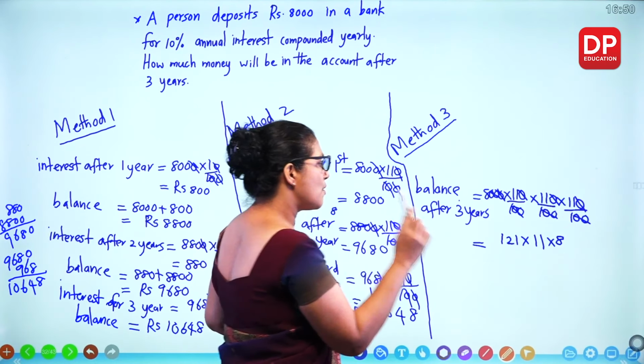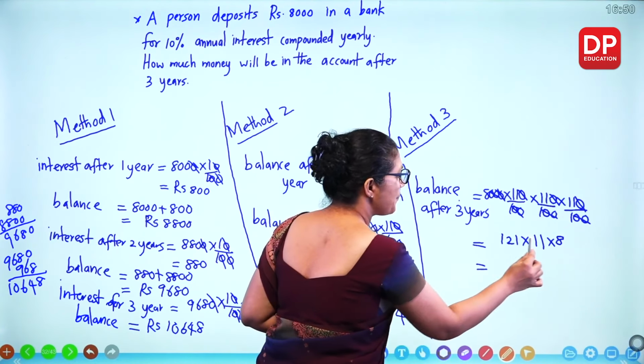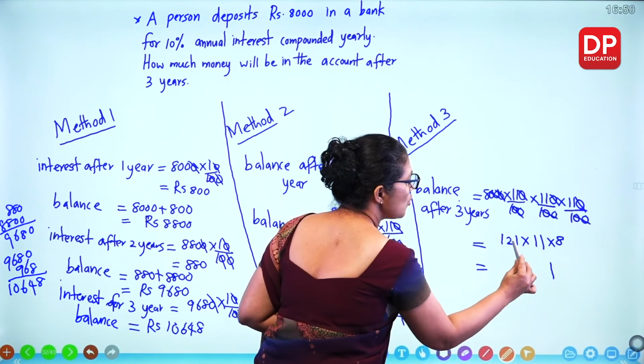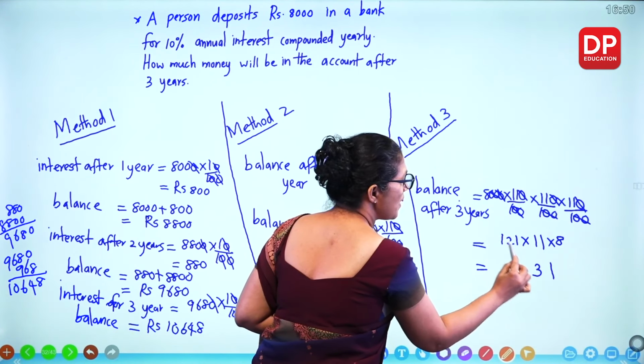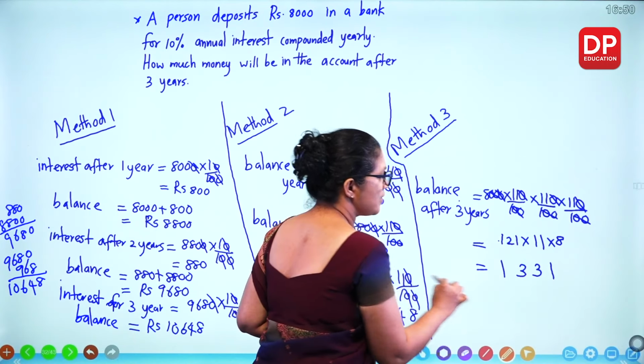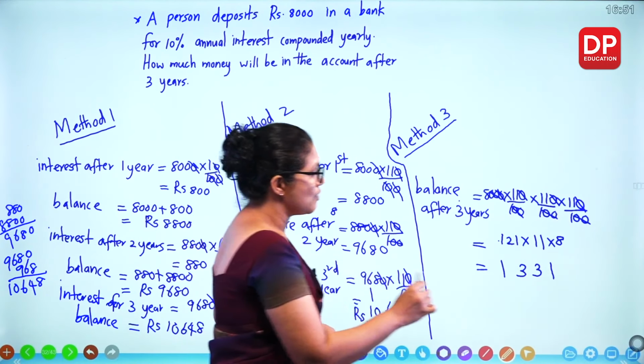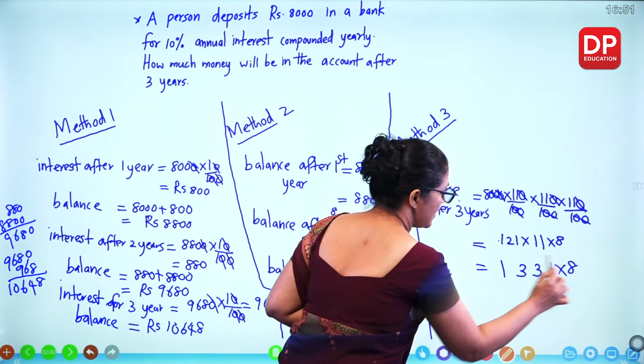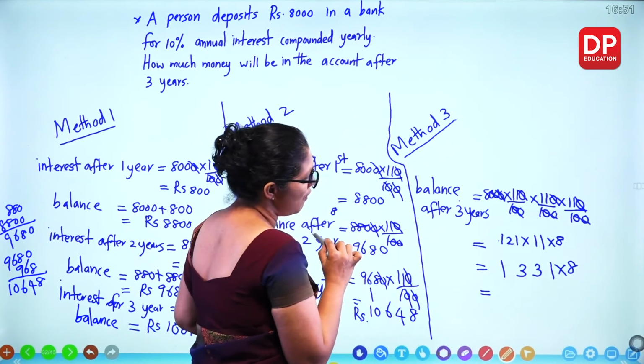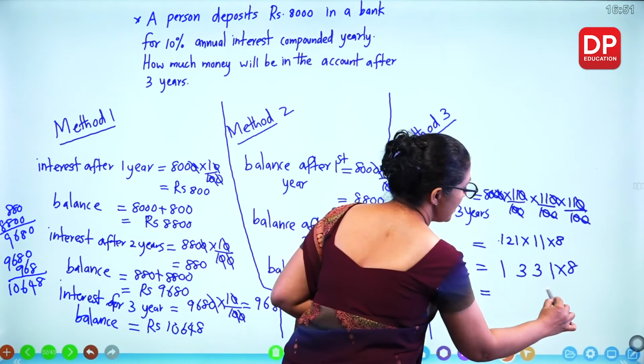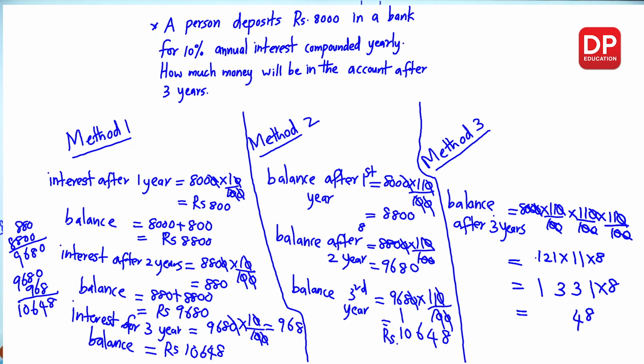So what's the easiest way to multiply by 11? 1 is there, 2 plus 1, 3, 2 plus 1, 3, and 1. 1331 times 8 is the final answer. 8 times 1, 8, 8 times 3, 24, 24 plus 2, 26, 8 times 1, 8, plus 2, 10,648.